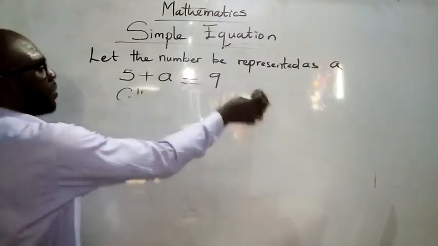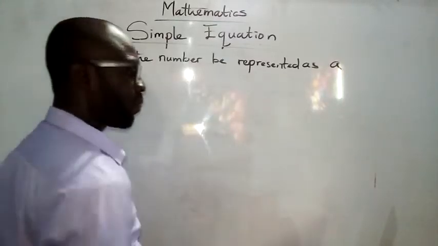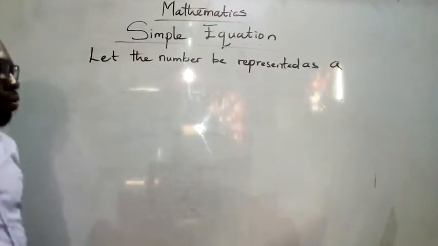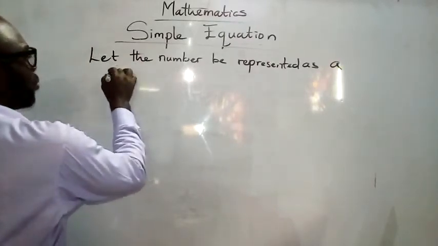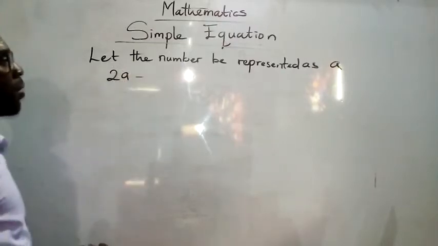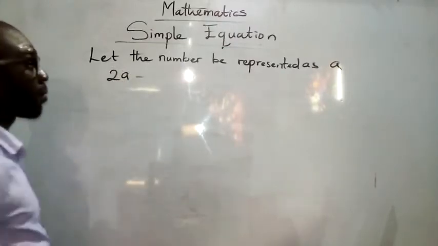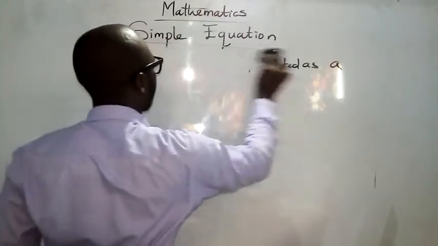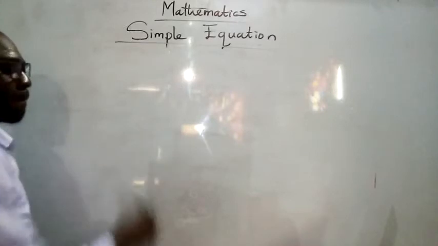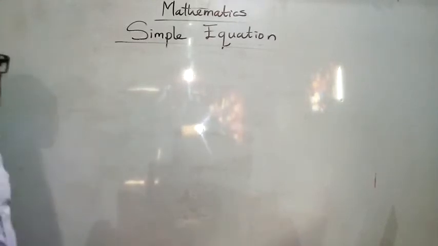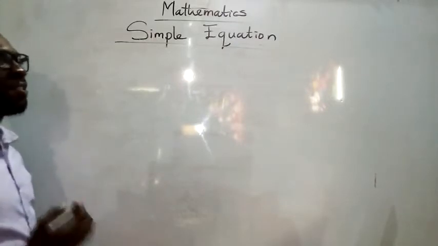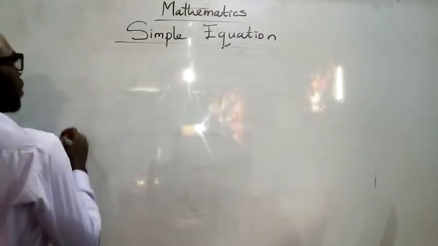Thirdly, we're going to be given the final question before we round up. 2/5 of a number is added to 9 and the result is 12.